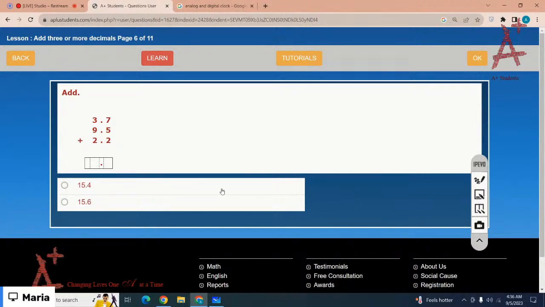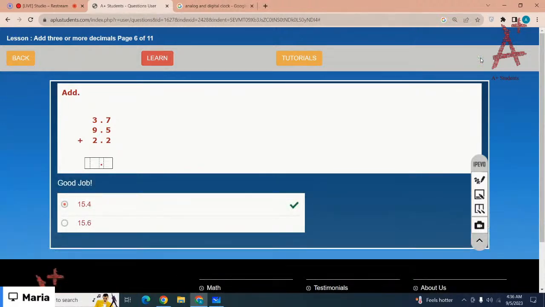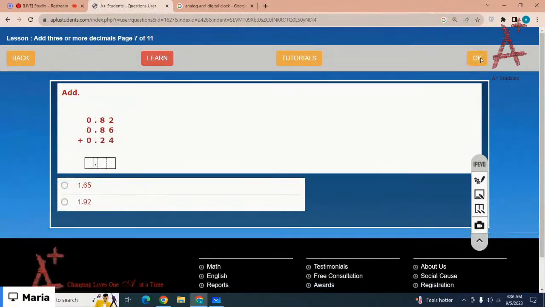That would be 15.4, right? Yes, very good. That is option number one.